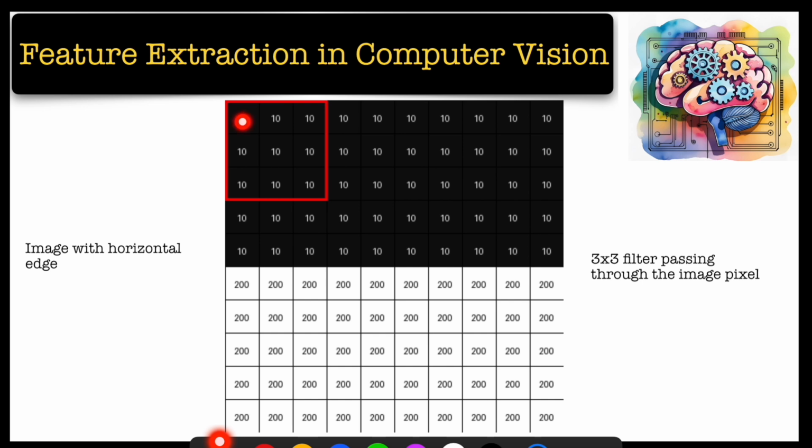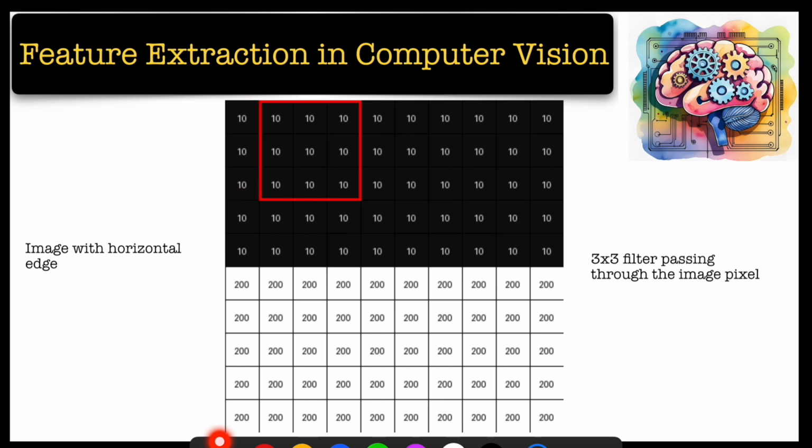So let's say we have one small simple image here, with darker pixels on the upper side and brighter pixels below. That means we have one horizontal edge, right? And we'll have this 3x3 filter.